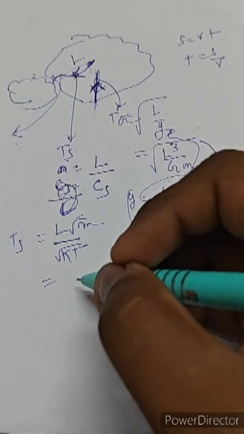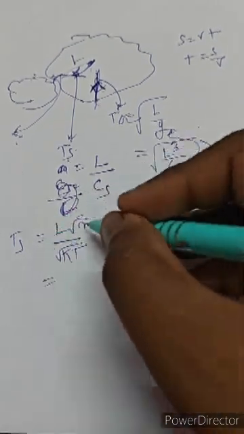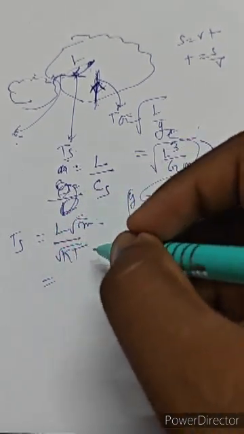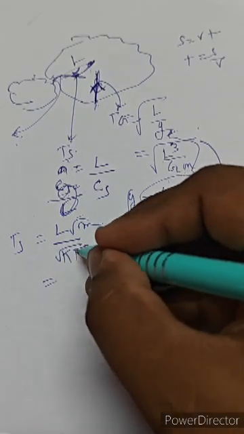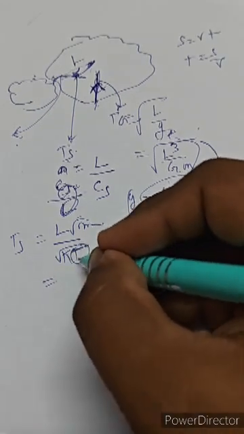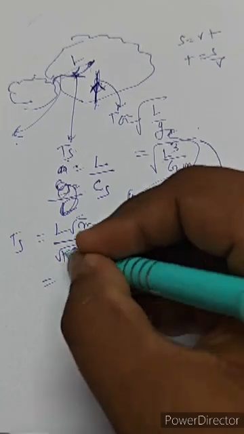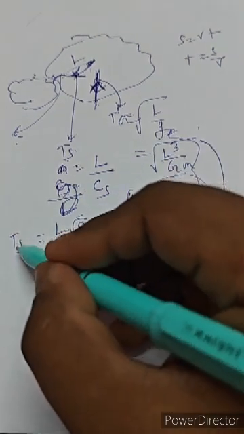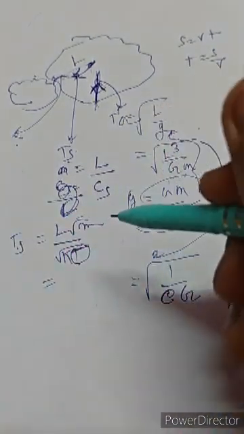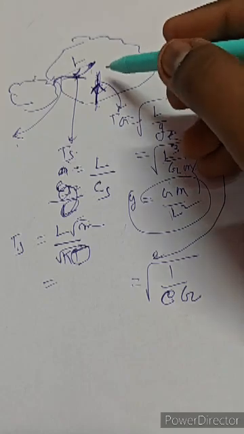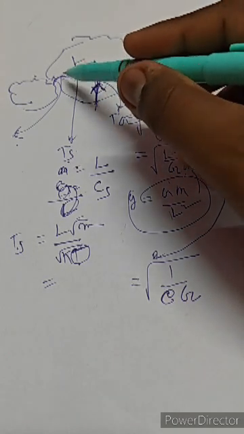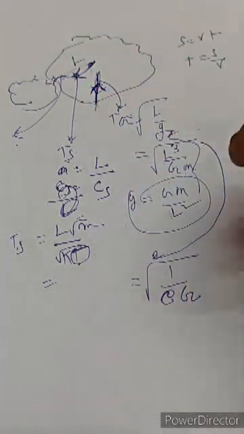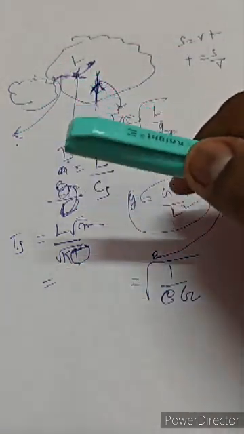So as we see, as the temperature increases, ts decreases, or the time period of the pressure wave decreases, or the pressure wave's speed increases.